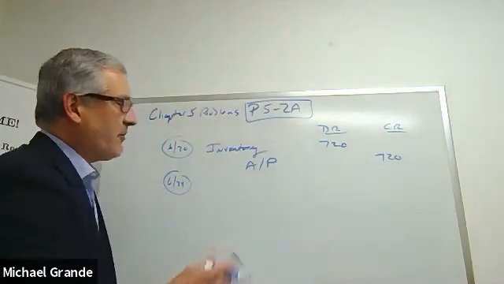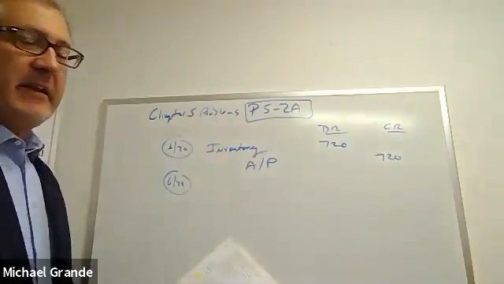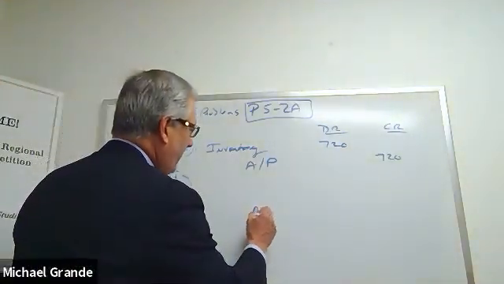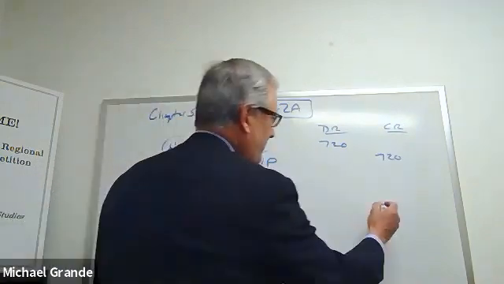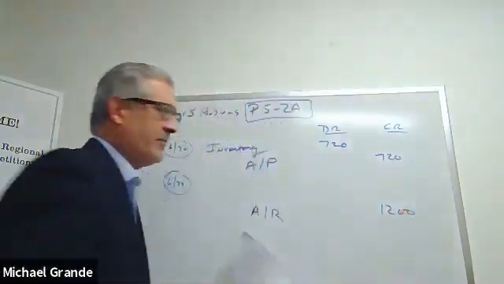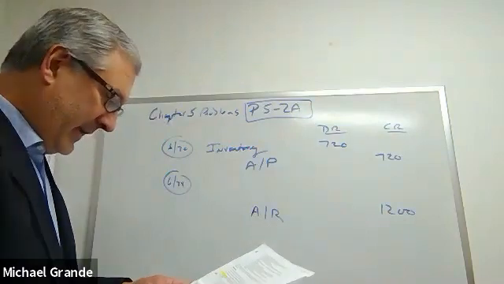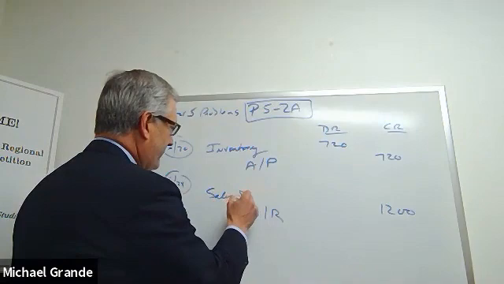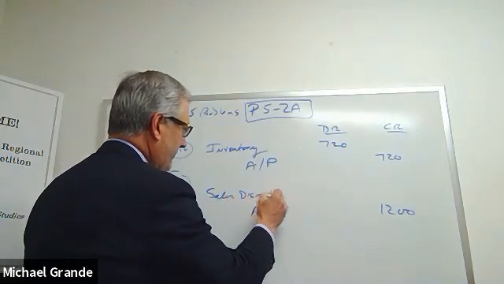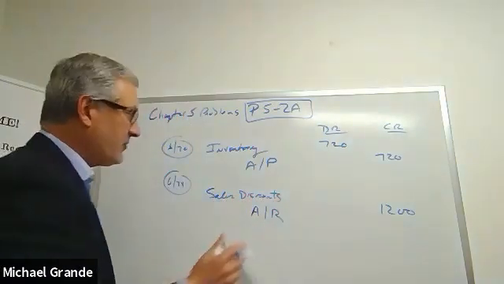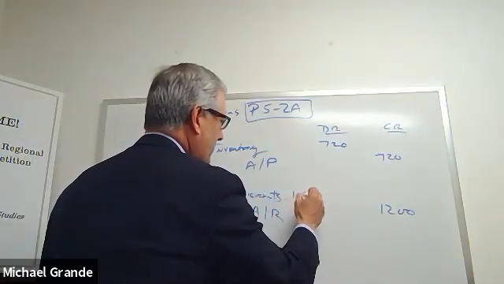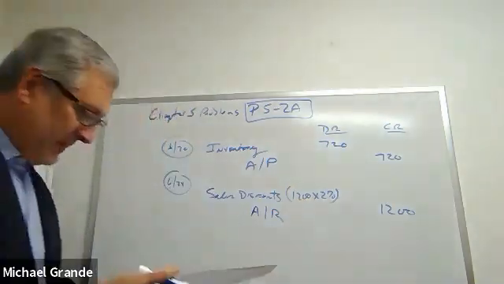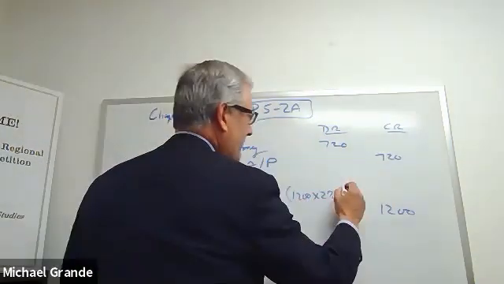So you say to yourself, well, I'm not quite sure what the cash going out the door is, but let's put down what we know. So we know we're going to have a credit to accounts receivable for $1,200. And we also know that there's going to be a sales discount. But for how much? Well, it's the $1,200 times 2%. 1,200 times 2% is $24.